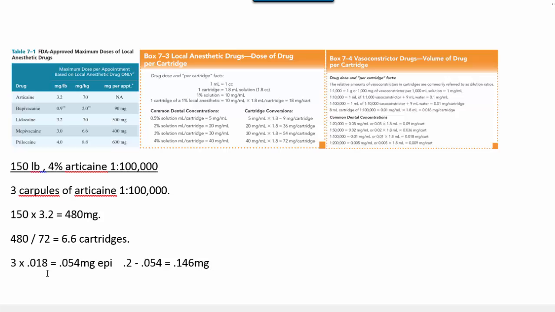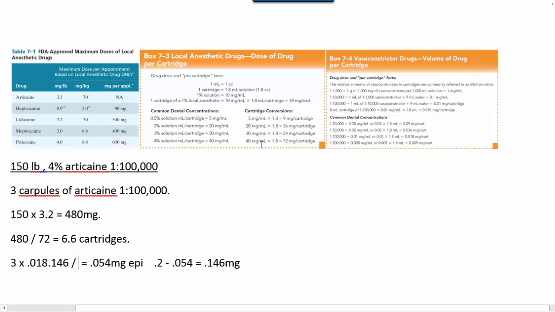Now convert this into carpules. 0.146 divided by how much epinephrine is in one cartridge of 1 to 100,000, which is 0.018. 0.146 divided by 0.018 equals 8.1 cartridges.